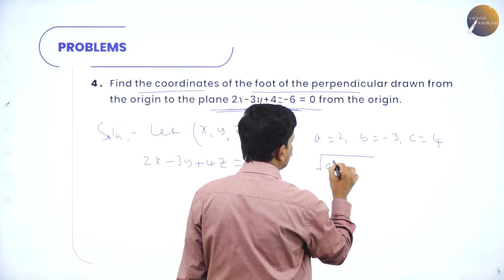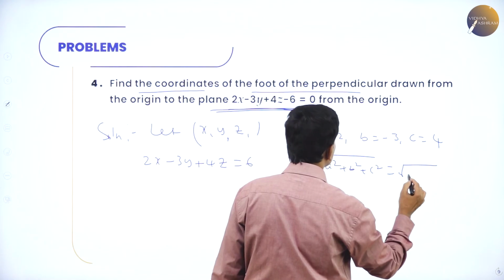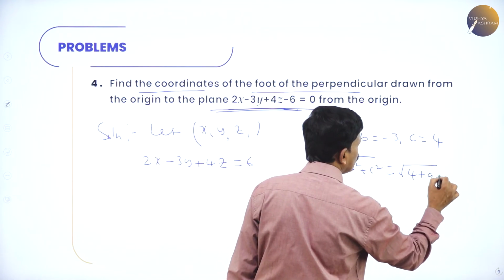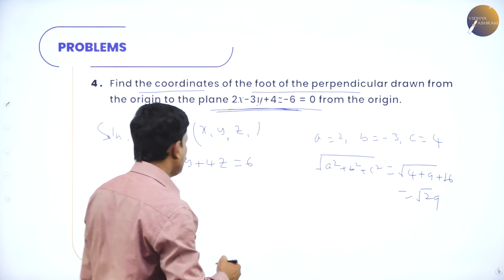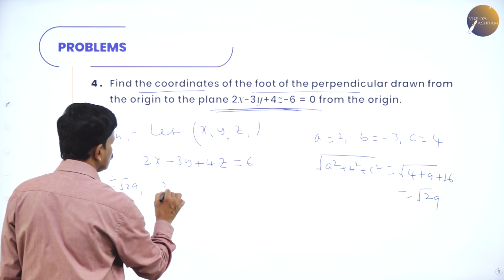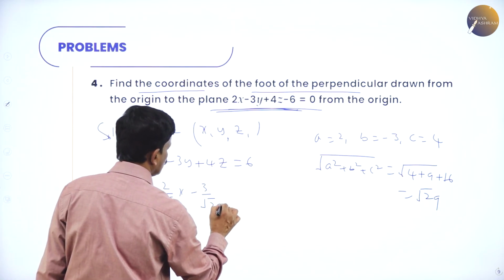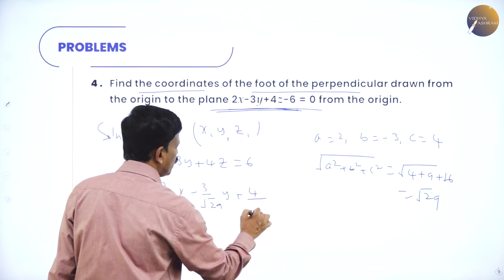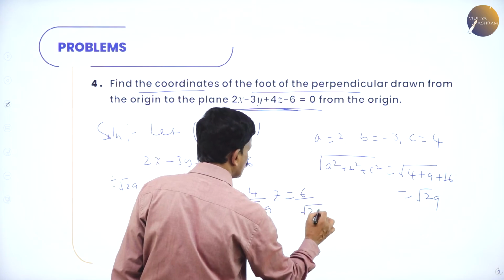Find out the value of root of a square plus b square plus c square. This is equal to root of 4 plus 9 plus 16, which is root 29. Therefore divide this by root 29, and we will get 2 by root 29 x minus 3 by root 29 y plus 4 by root 29 z is equal to 6 by root 29.